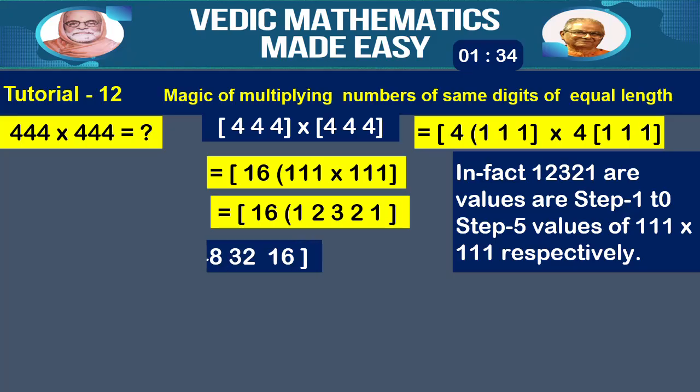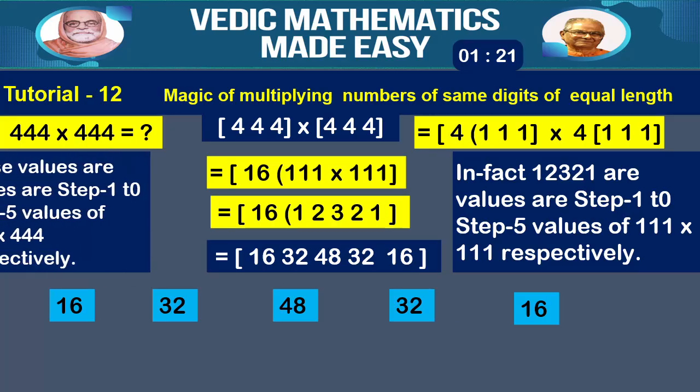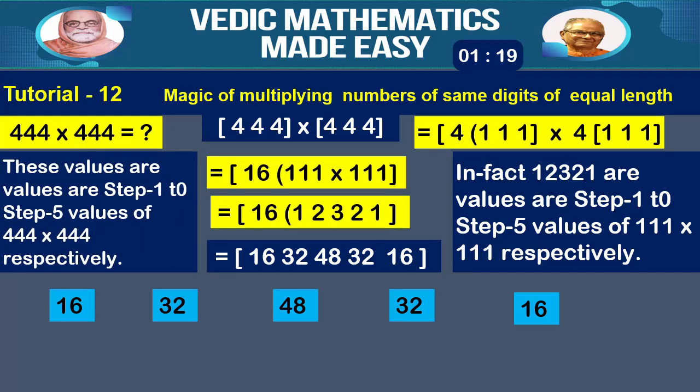Now, by multiplying each step value by 16, we get 16, 32, 48, 32 and 16. These values are step 1 to step 5 values of multiplication of 444 into 444.